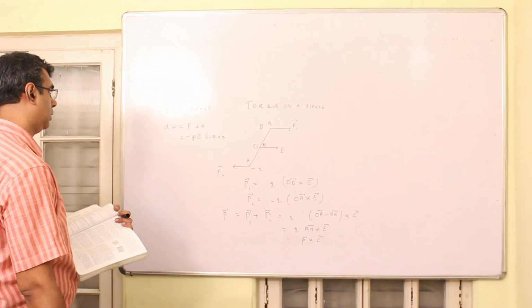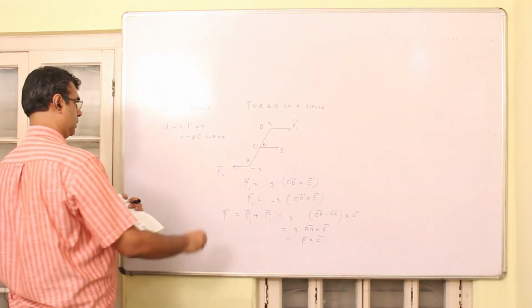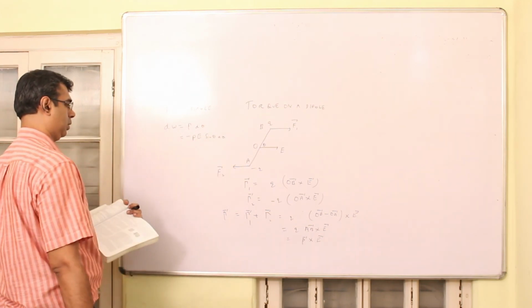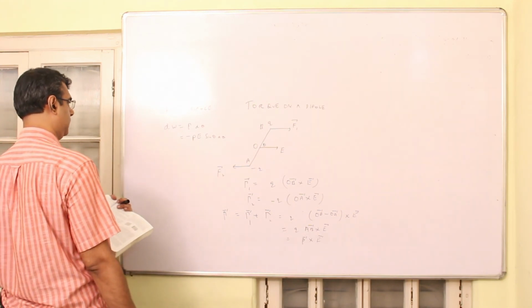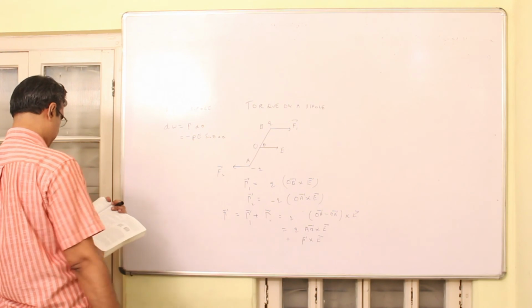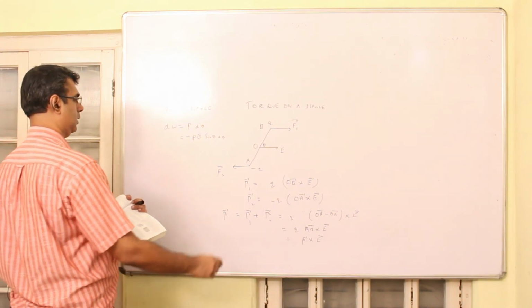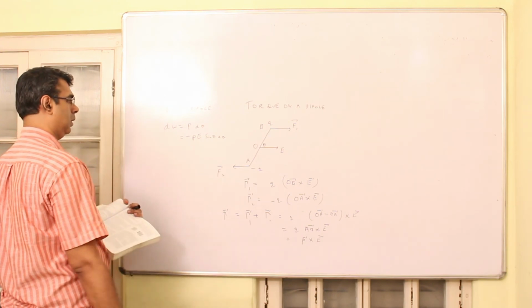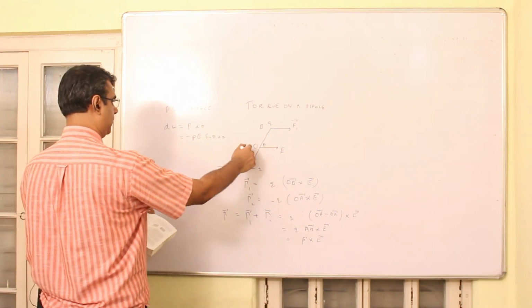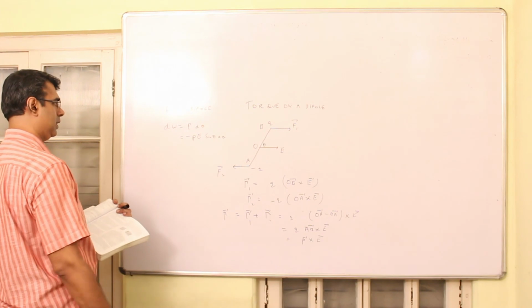So that is equal to minus, since you know torque is P cross E, so if you write it in scalar form, it is minus PE sin theta. Why is this minus there? Because if the external agent turns the dipole anti-clockwise, the torque will have a clockwise effect.